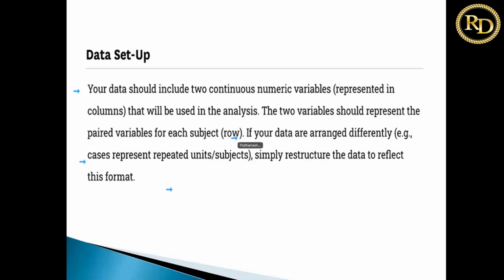Data setup: we are considering a continuous variable, and another one is categorical, but here we don't need that categorical variable. We take the observation twice, take the difference, and then apply the test statistic.